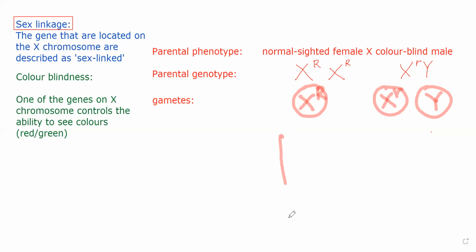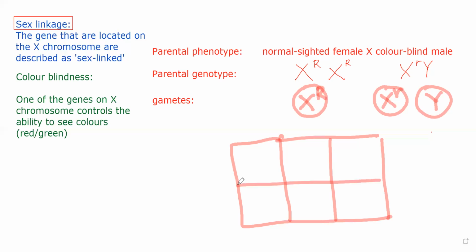Now let's go for the Punnett square. When I go for the Punnett square, here I'll have gametes. These are my gametes.